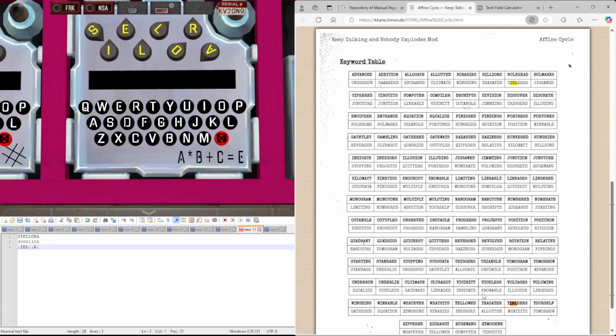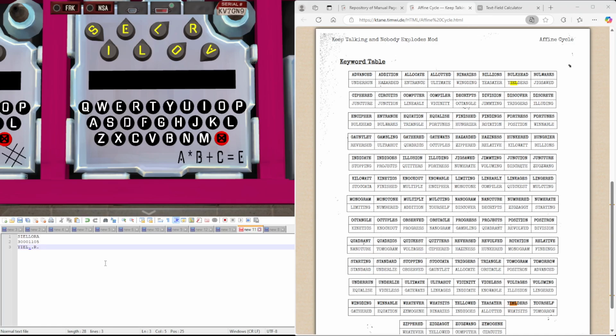Then we have 4 times 2 plus 1 is 3, which gives L. 5 times 3 is 15, which is O, yes. Then we have 19 times 11 minus 26 minus 26, which should give us 1, yes. So yielders is our word.